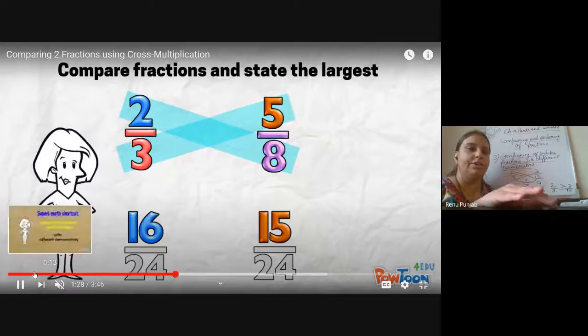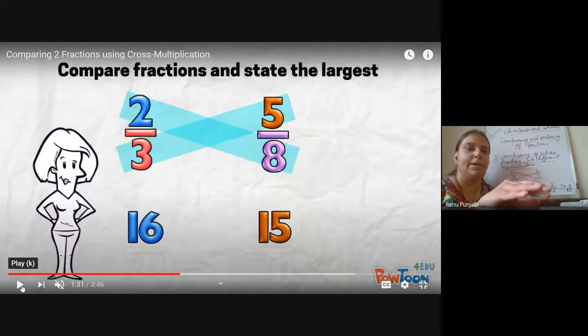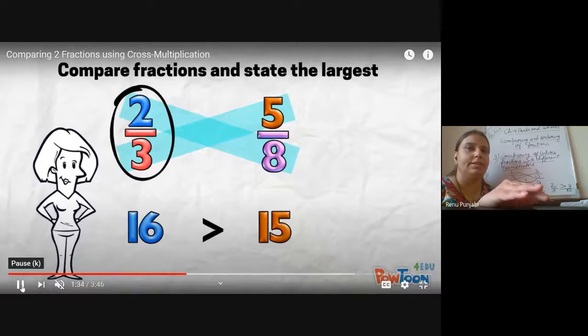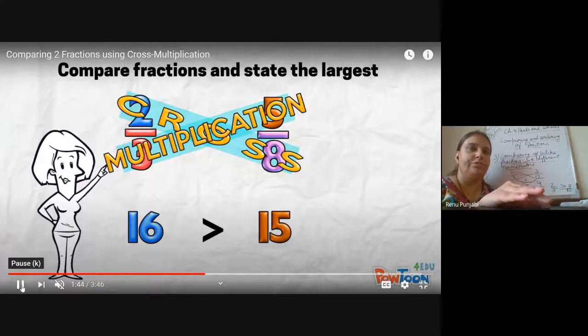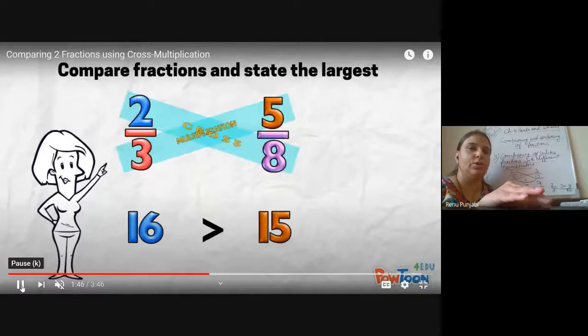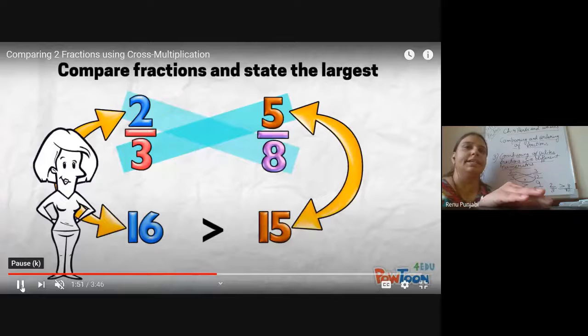Now, if the denominators are the same, you can easily compare which fraction is greater. So 16 upon 15 is greater. After cross multiplication, we get to know that the fraction 2 upon 3 is greater than 5 upon 8.